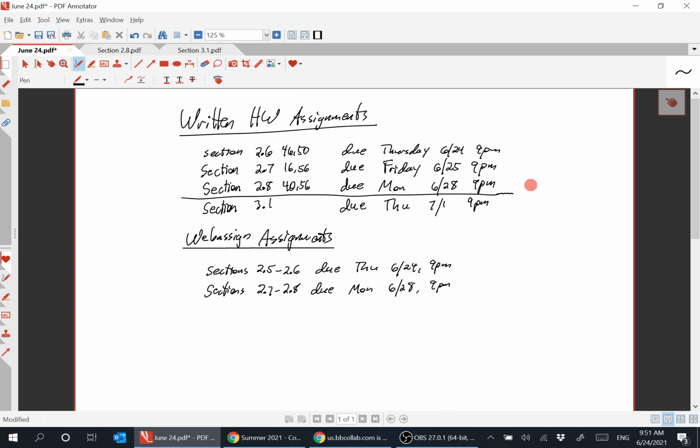And then this line here represents the end of material for exam 2. And this assignment will be on exam 3. But we're going to move on as soon as we're ready.